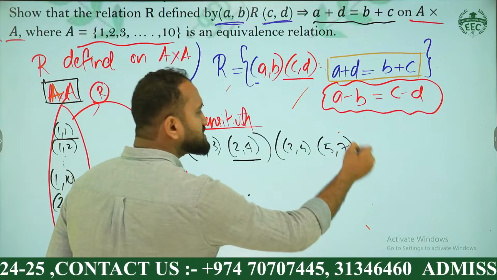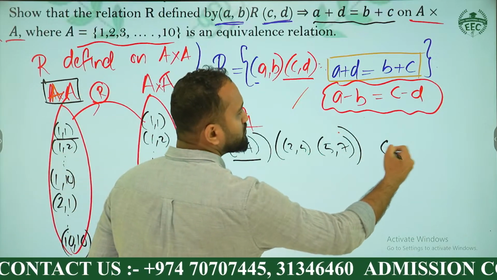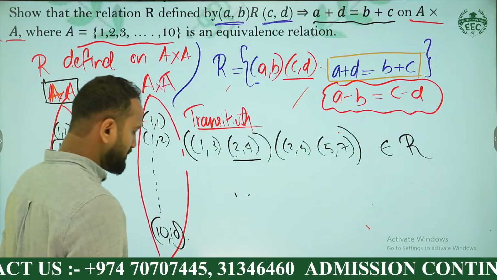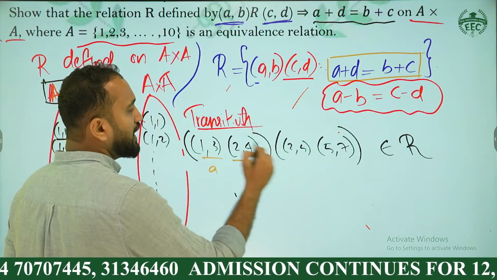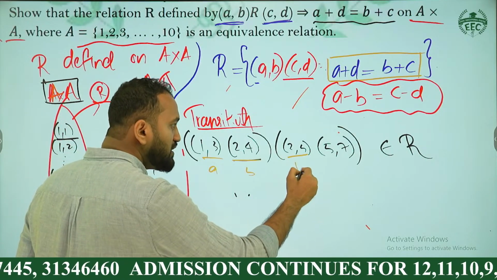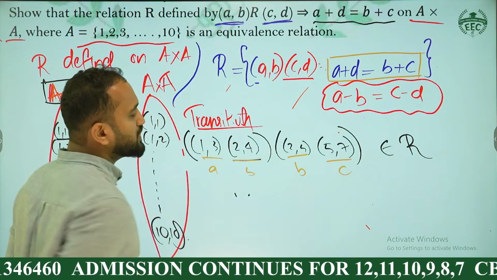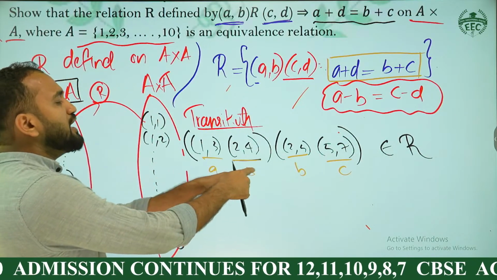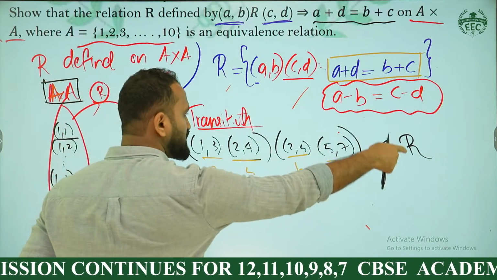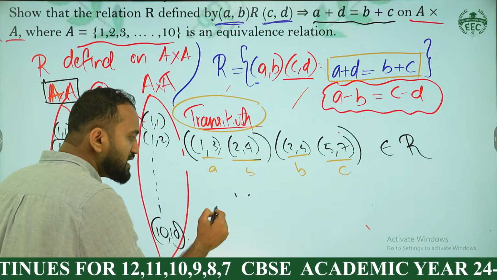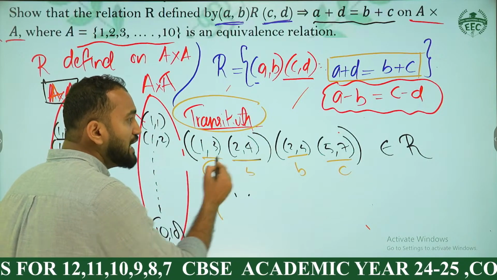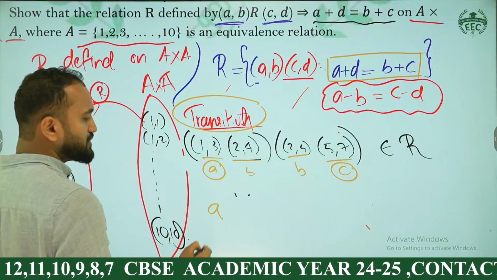Alright, these are the two pairs that are related to the relation R, such that this is A, this is B, and this is the same thing, B, but the next one will be C. So if I found A comma B and B comma C in the relation R, you have to go for checking whether their transitive pair, that is A comma C, is there in the relation or not.